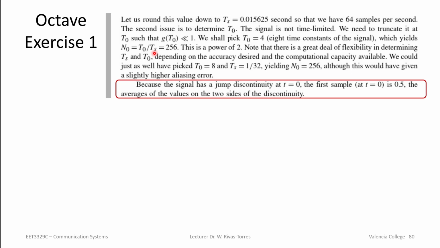What is the value of the signal at t equals 0? How do we do that? Because you have to think about this for a second, right? Right before 0, at that infinitely small interval, the signal is 0. And immediately after t equals 0, or at t equals 0, the signal is 1.